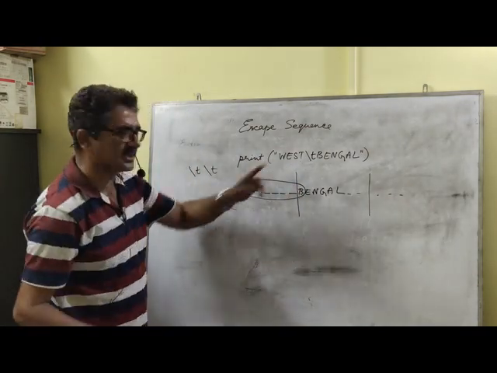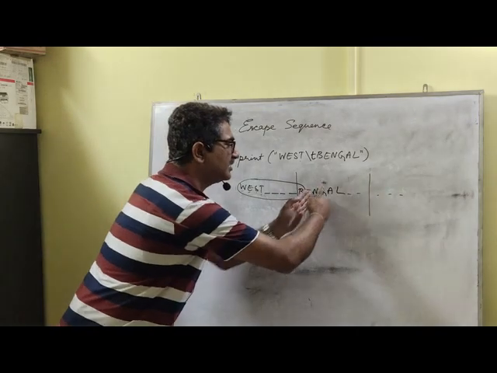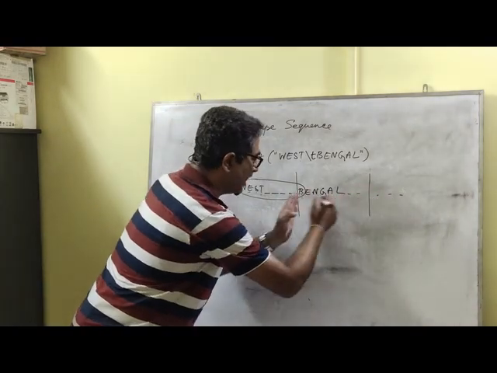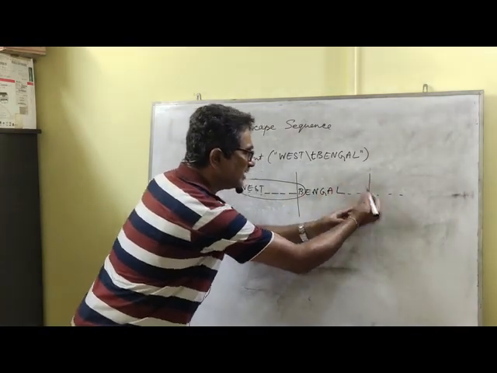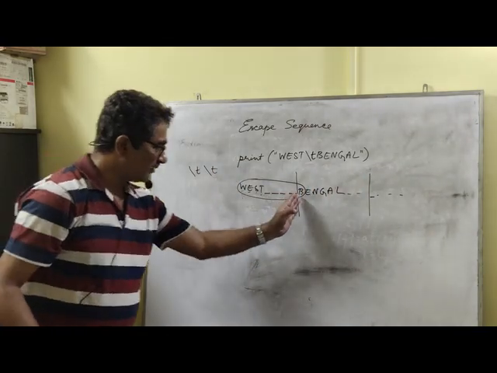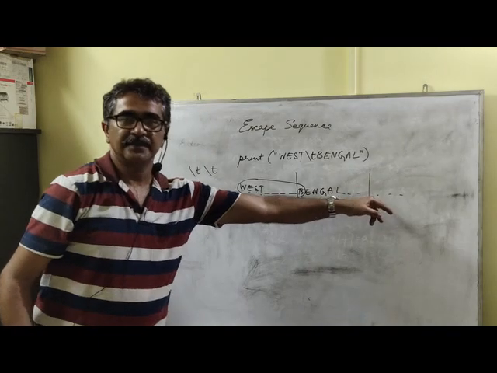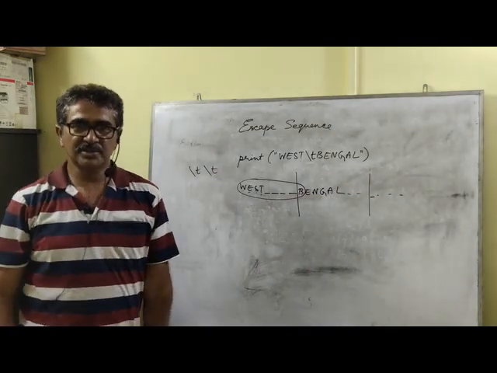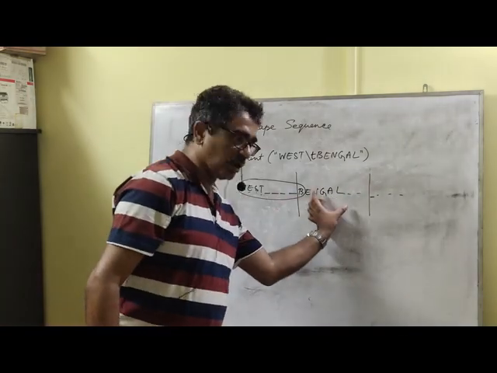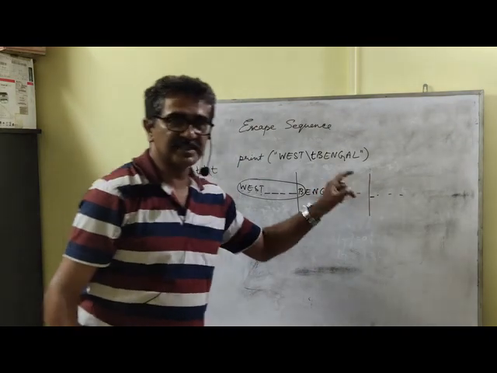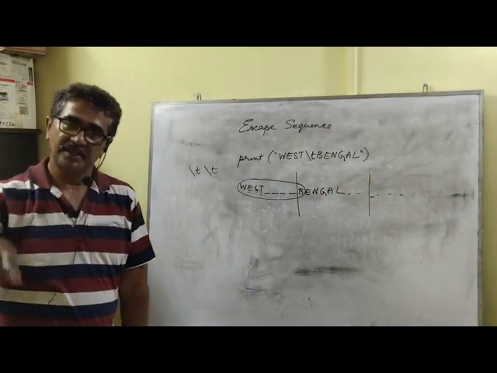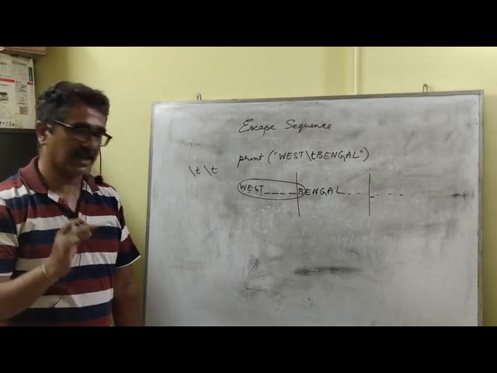Now if you write \t, it's quite obvious it's going to leave this particular column and go to this particular tab space and start from here. That is, from the 9th column, it is going to leave this and start from the 17th column. So this is what is going to happen. 8 columns, 16 columns, and here from the 17th column it will start displaying whatever data you are displaying.